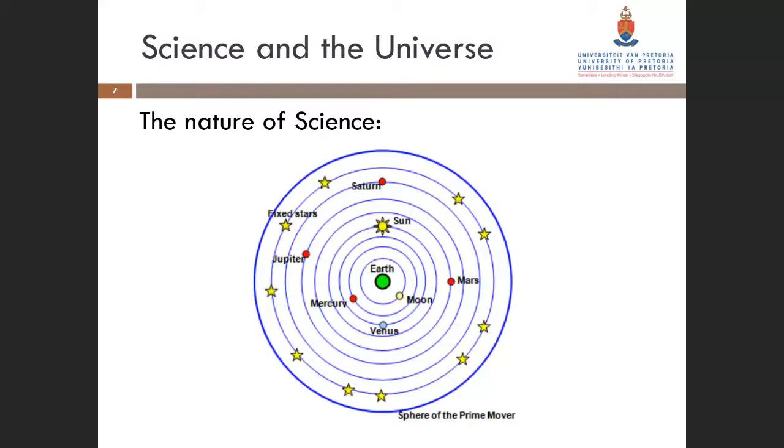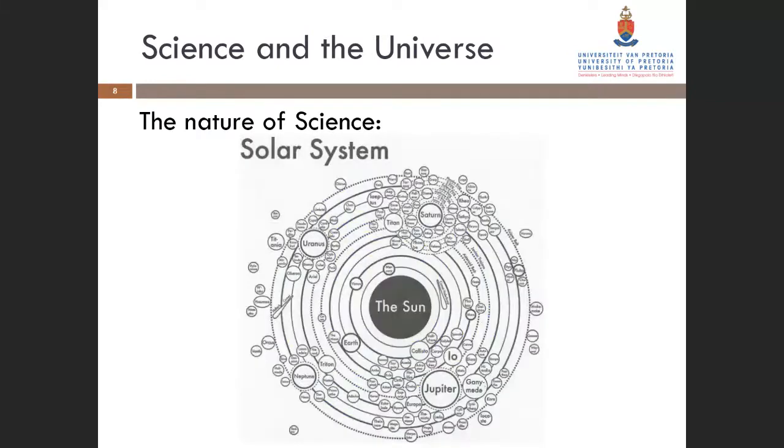Okay, so sphere of the prime movers. So it was just the model that we have. In our reference frame, we are the prime mover and everything moves around us. The next model we have is of the sun in the center, and everything moves around the sun.